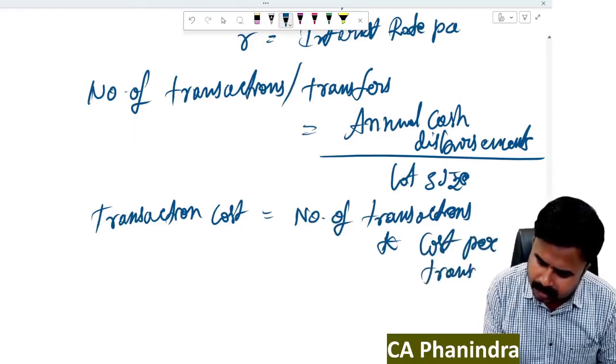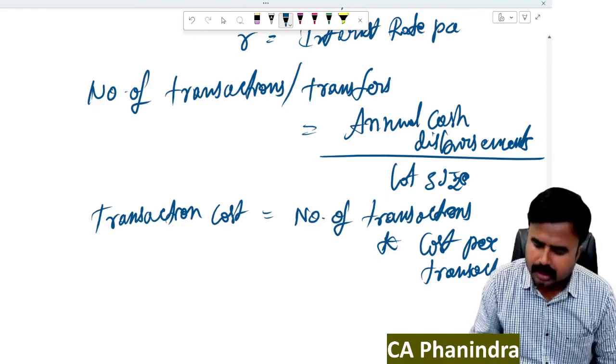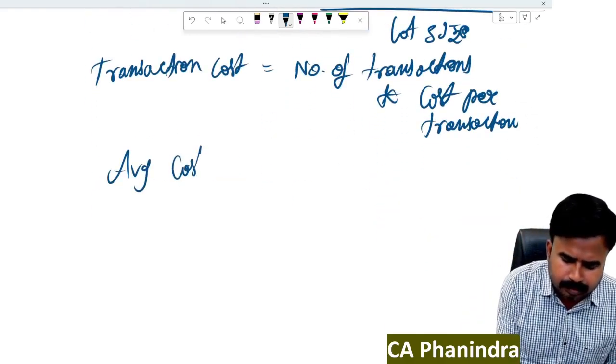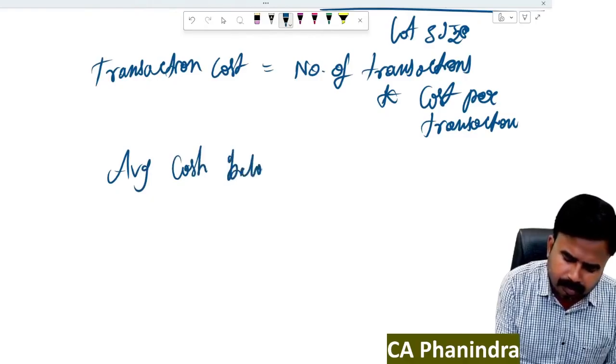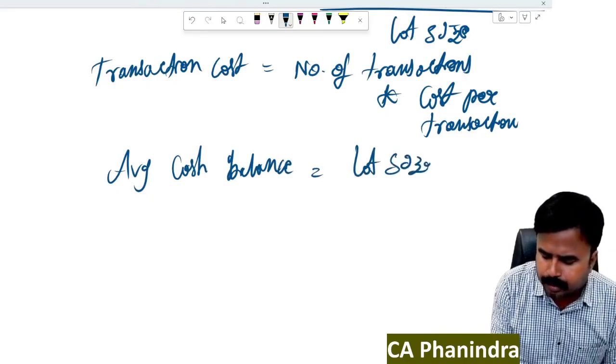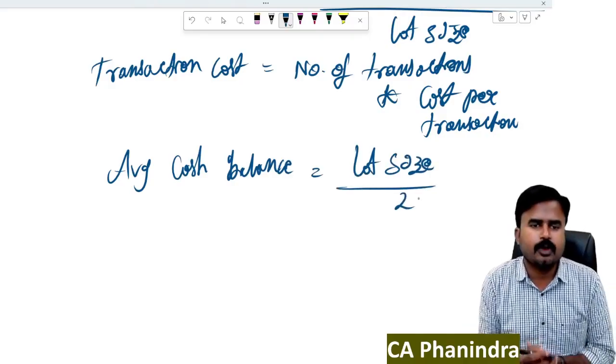And average cash balance is equal to lot size divided by 2, half of the lot size.